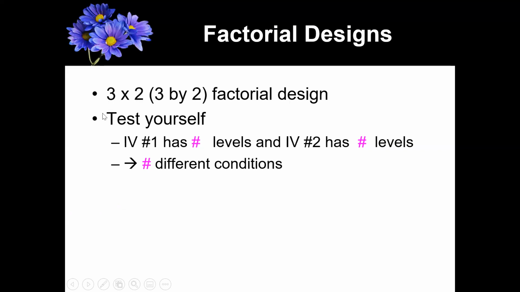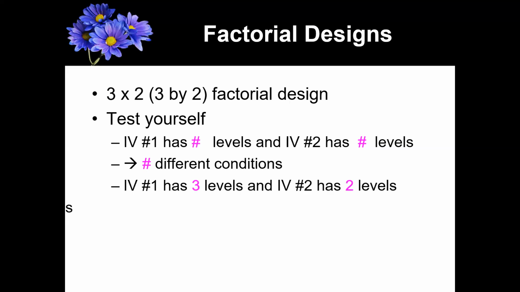That's what the numbers themselves mean. This independent variable has 3 levels, this one has 2. Simple as that. And then lastly, how do we get the number of conditions? Well, all we have to do is multiply these numbers. 3 by 2 is going to give us 6, meaning we have 6 different conditions.